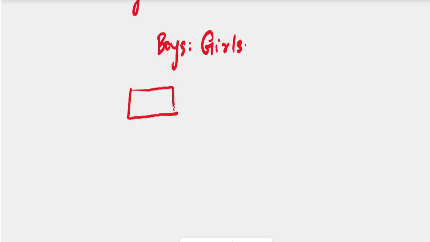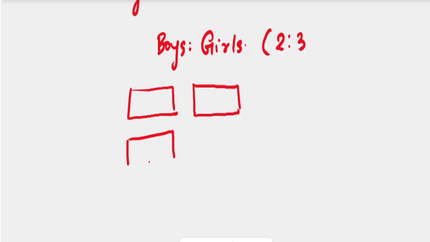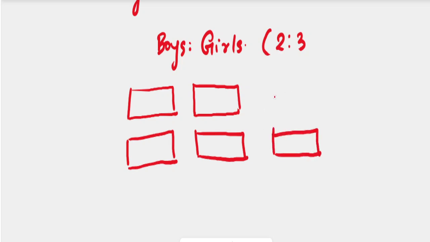This is 2 parts boys. That is 2 is to 3. That is, 2 parts are boys and 3 parts are girls. This is the first part, second part and third part. So out of the total, 2 parts are boys and 3 parts are girls. This is boys, this is girls.